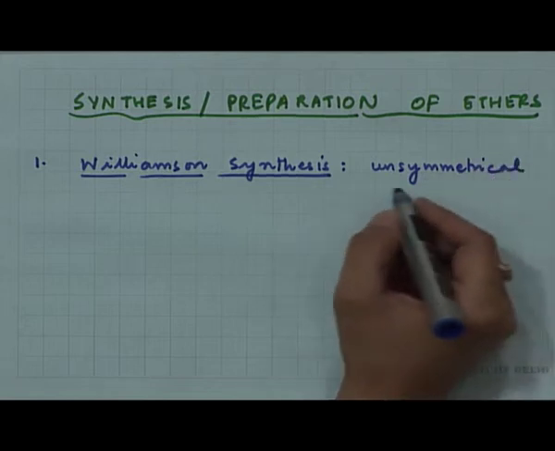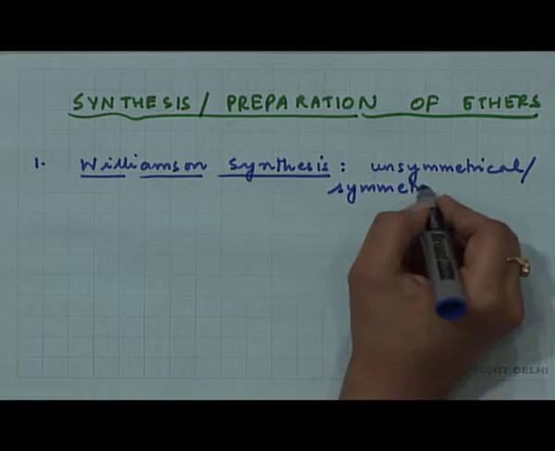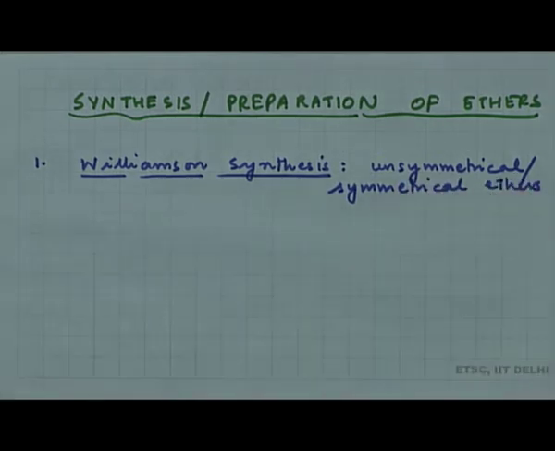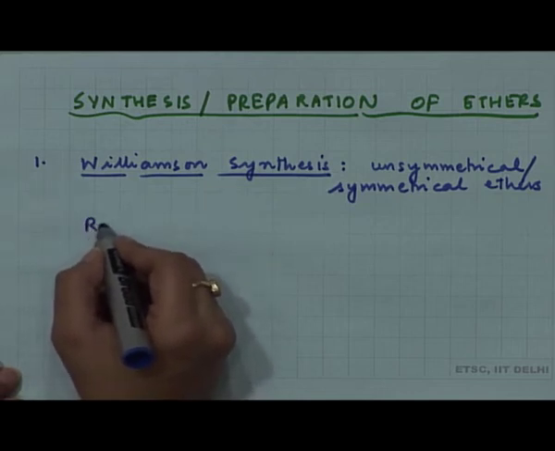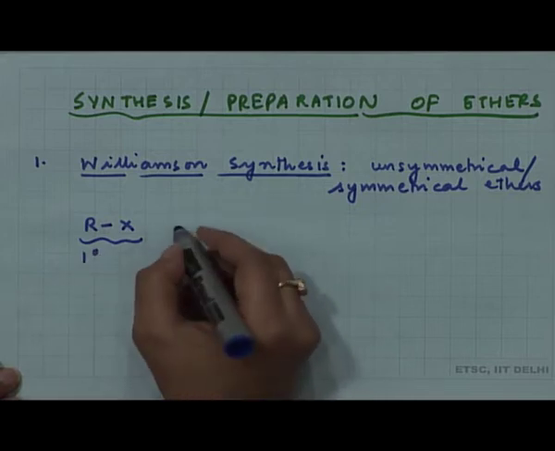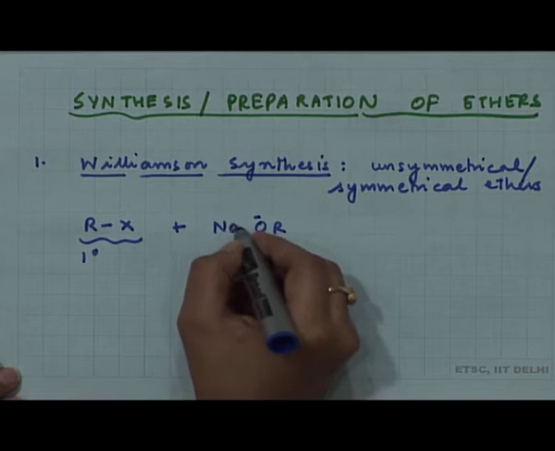So, you are talking about two different alkyl groups or two identical alkyl groups. It has the capacity to make both unsymmetrical as well as symmetrical ethers with the help of a substitution reaction, which is the SN2 reaction in this case. What we do in Williamson synthesis is you take the alkyl halide, which is primarily a 1 degree alkyl halide, and treat it with sodium alkoxide.